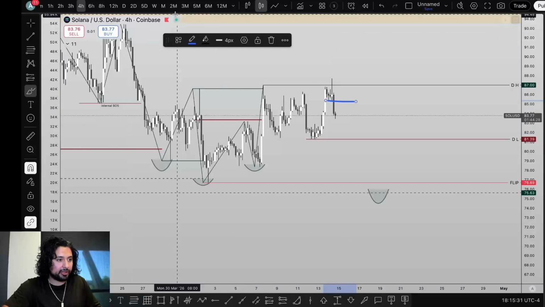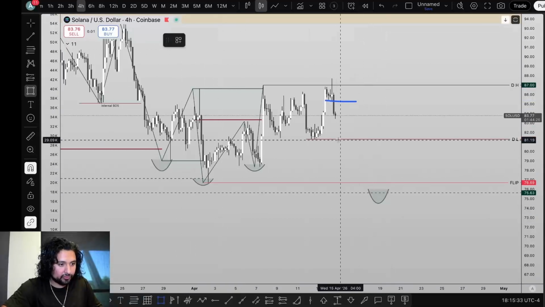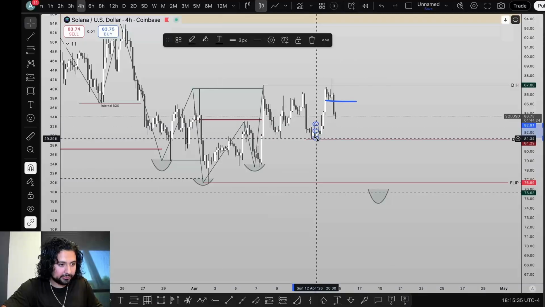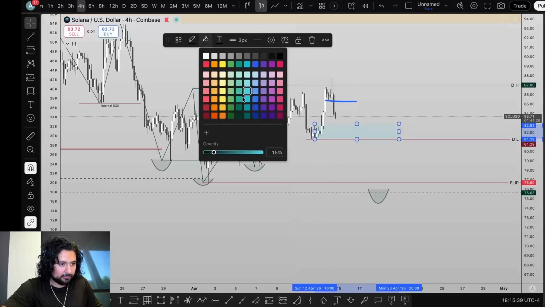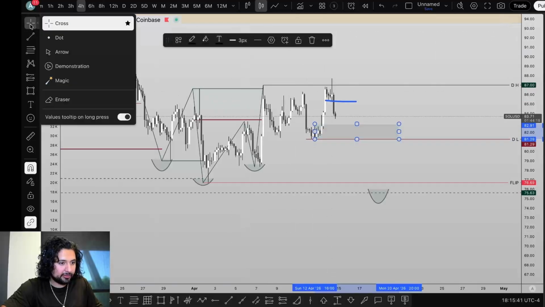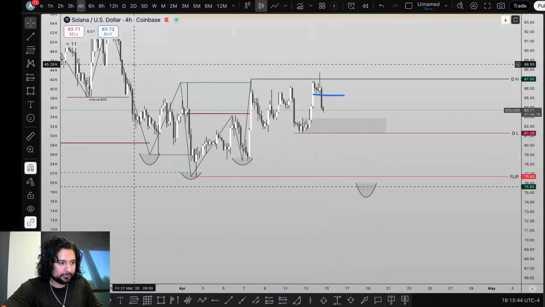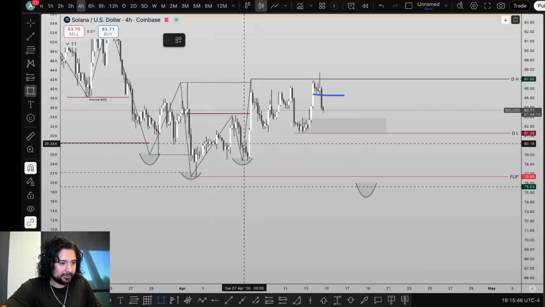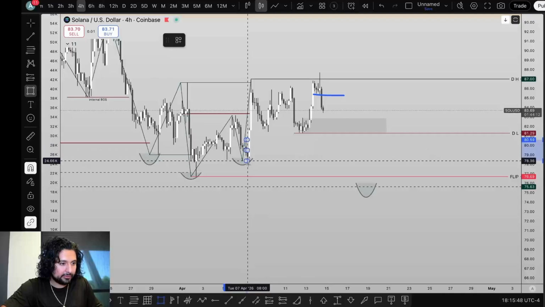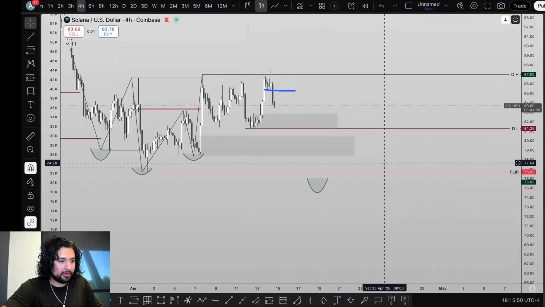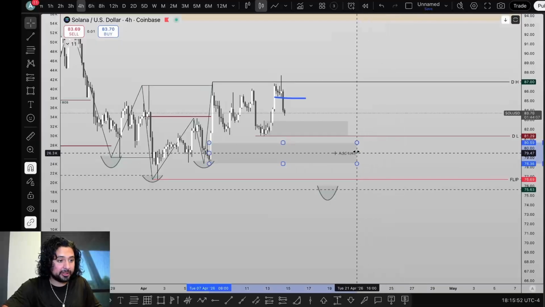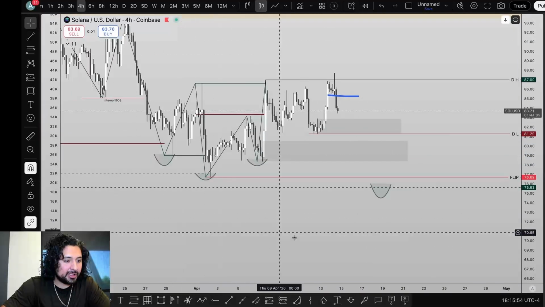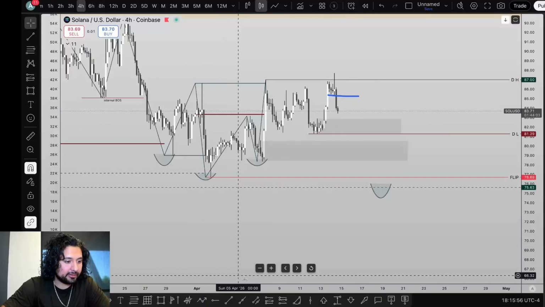We have an order block down here. This would be our order block. We have an order block here where we could look for a bounce, or we have one down here. So pretty much the 3 longs I'm looking at would be these 3 right here.